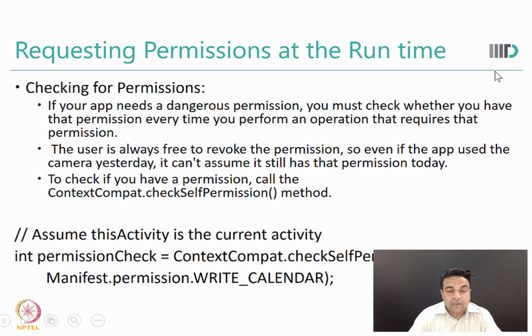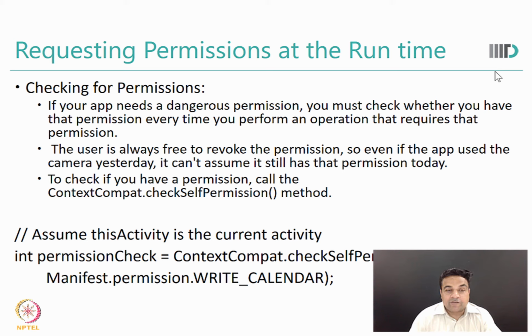Now, because Android changed its method of asking for permissions, the permissions are now asked at runtime instead of the install time. If your app needs a dangerous permission, you must check whether you have that permission every time you perform an app operation that requires that permission.